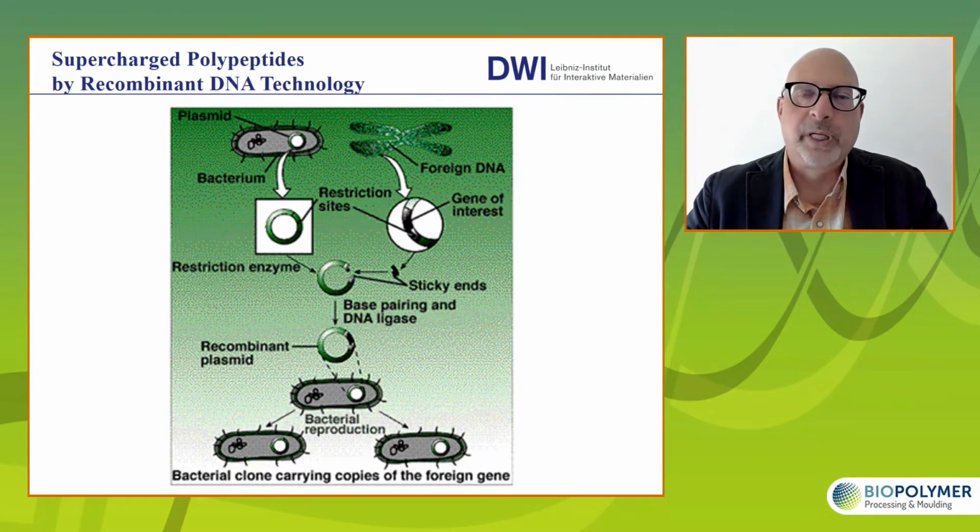The plasmid we transform into bacteria, and then we tell the bacteria to produce the proteins for us. So the bacteria are the synthetic chemists in the laboratory. Finally, we just lyse the cells and we purify the protein, and then we can use it for different applications and we can characterize our material.